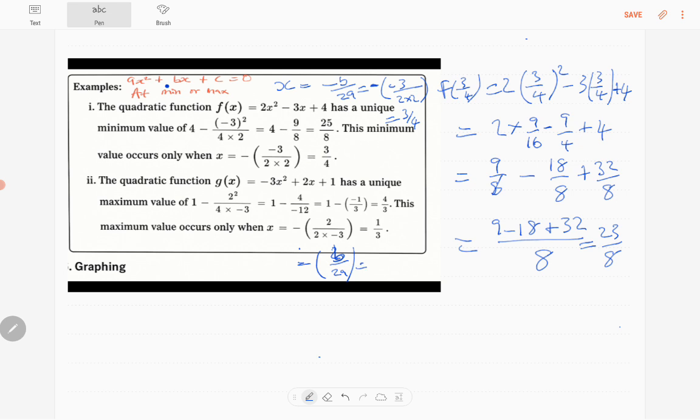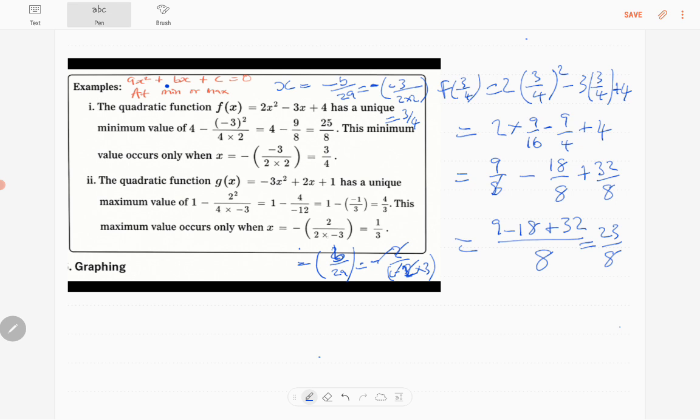If you apply this, you will notice minus 2 over 2 times minus 3, that is 2 times minus 3. The two cancels the two, and the minus cancels the minus. What is remaining is 1 over 3.